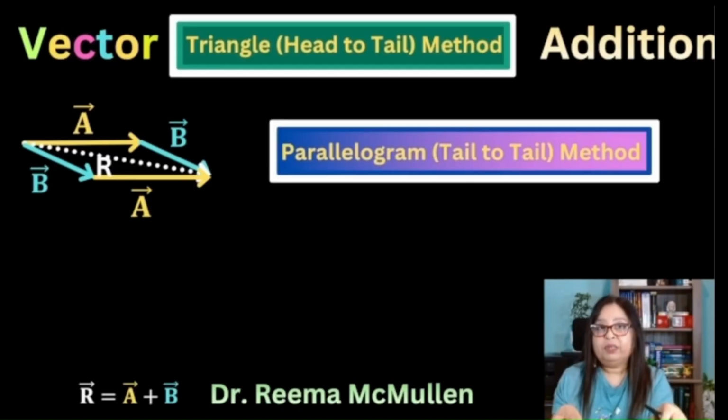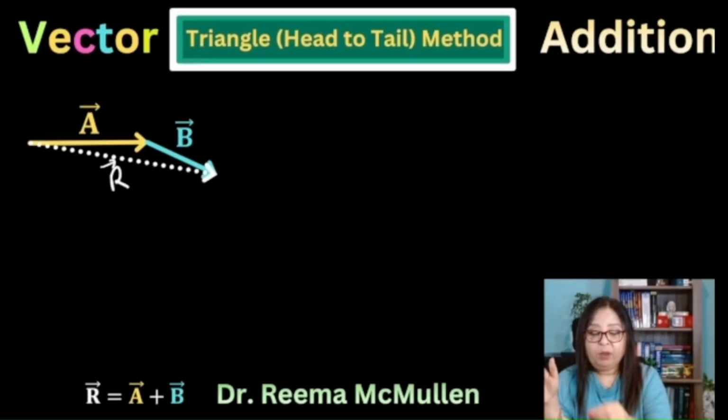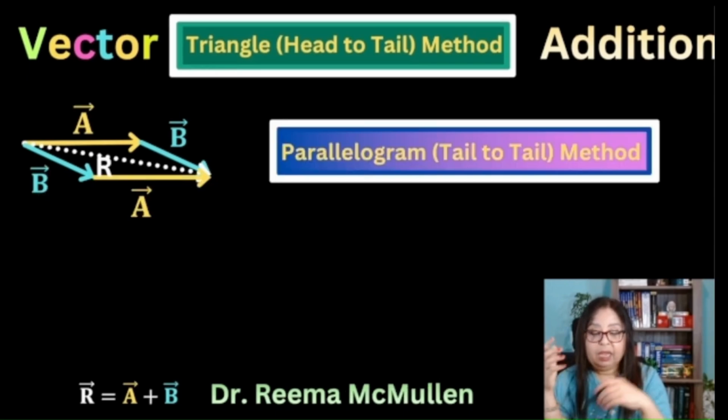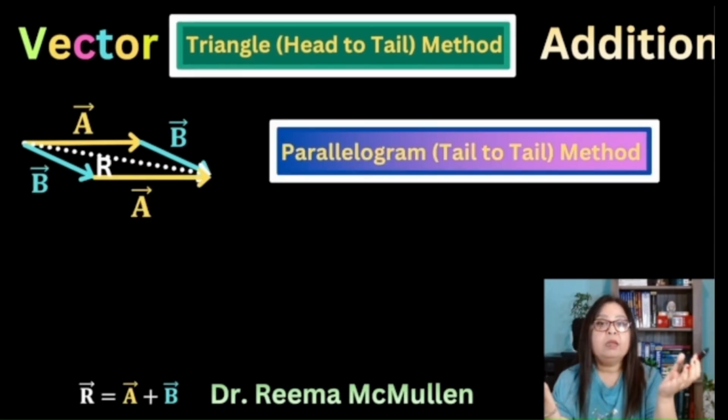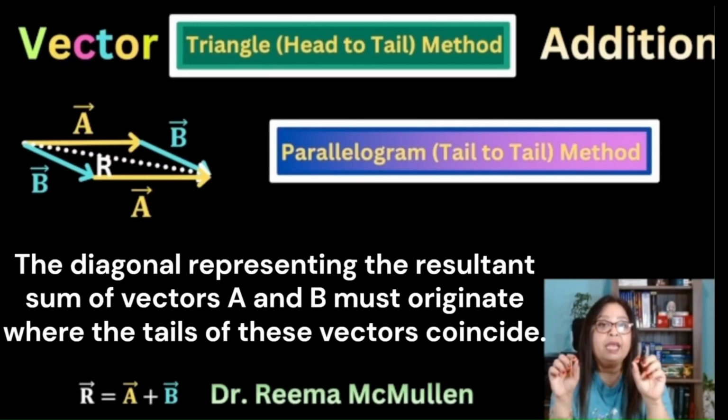Parallelogram law of vector addition follows from the triangle law of vector addition. I showed you step by step how we drew this parallelogram. We began with triangle law of vector addition, and then we added two parallel vectors. And what do we end up with? We end up with the parallelogram. And this resultant vector R is the diagonal of the parallelogram.